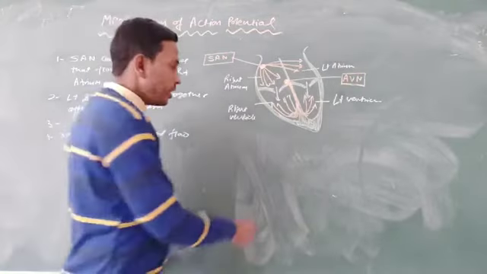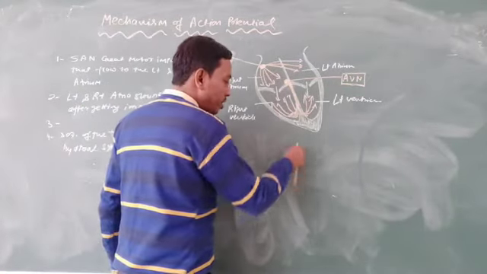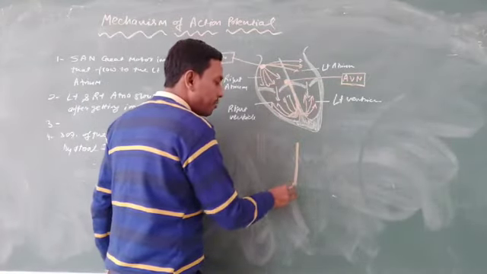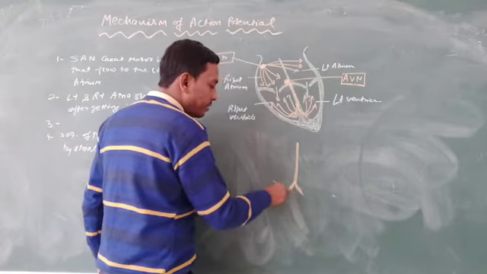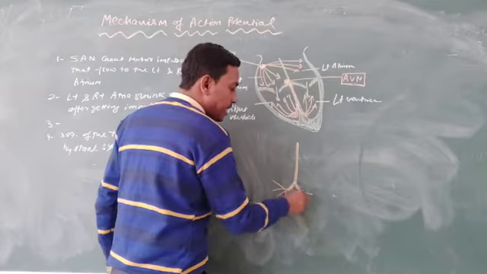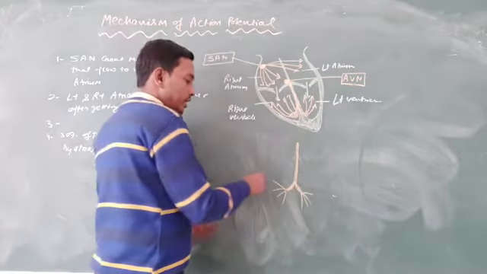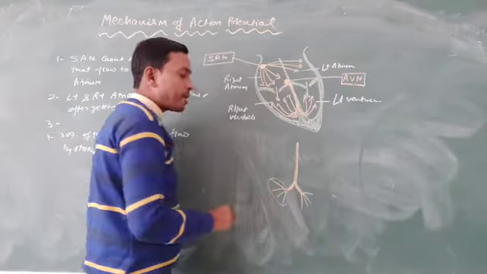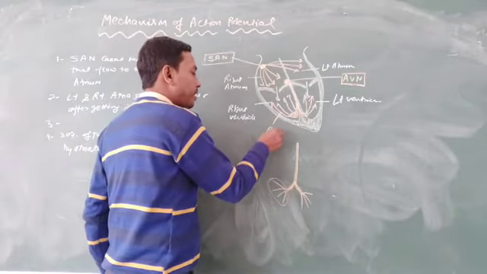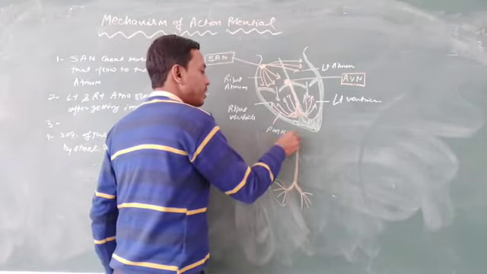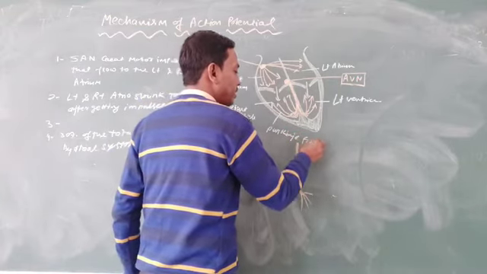Listen carefully. If you draw a rod-like structure and a bifurcation, you will find this bifurcation further has many branches. These branches represent the Purkinje fibers.